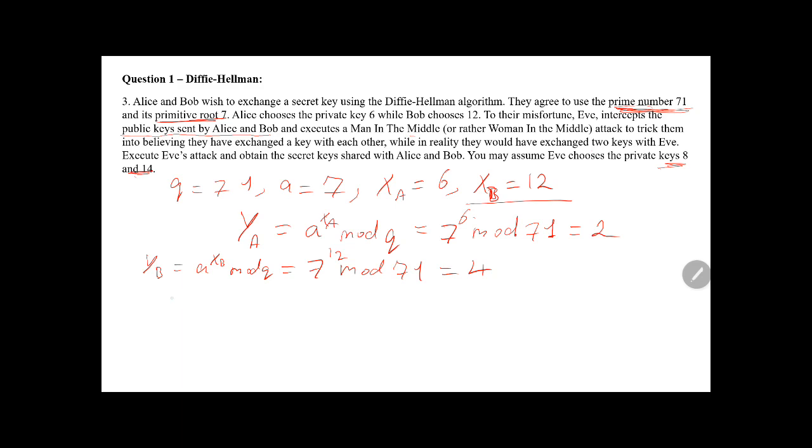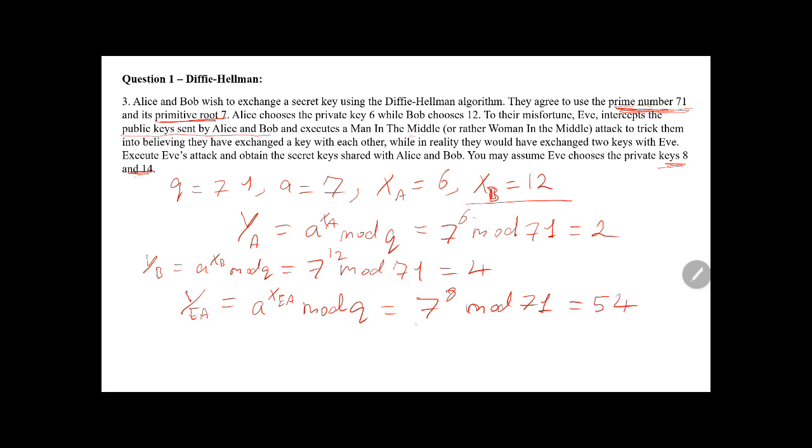So let's calculate, let's call it Y Eve Alice, EA, which should be equal to A power X Eve Alice, which is equal to 8, modulus Q. So this should be 7 power 8 modulus 71, which should be equal to 54.